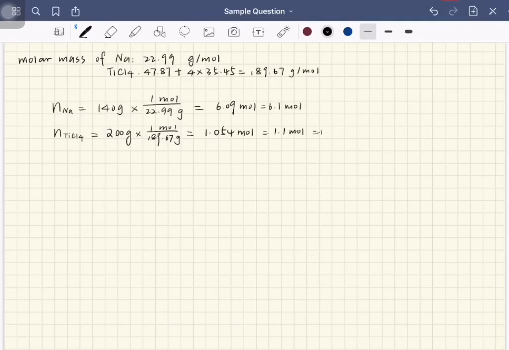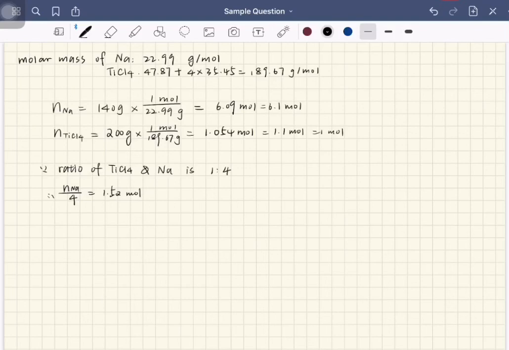Since the ratio of titanium tetrachloride and sodium in the balanced equation is 1:4, by dividing the number of moles of sodium by 4, we can get 1.52 moles, which is theoretically the number of moles of titanium tetrachloride if the sodium is the limiting reagent.